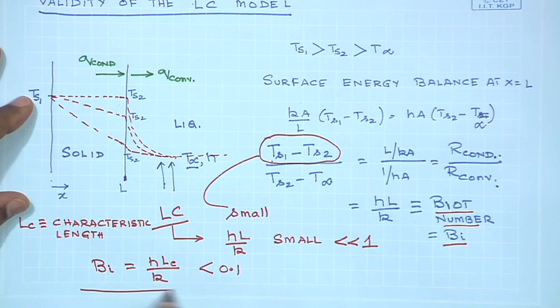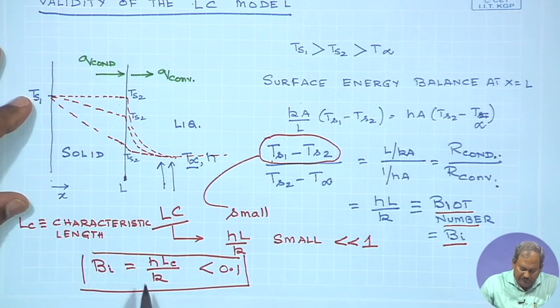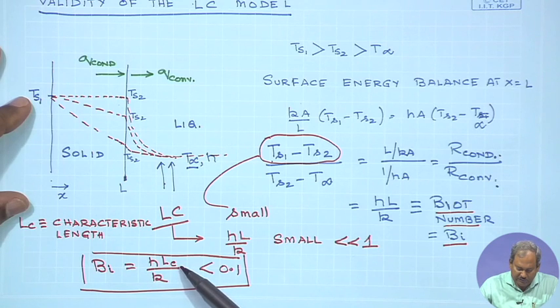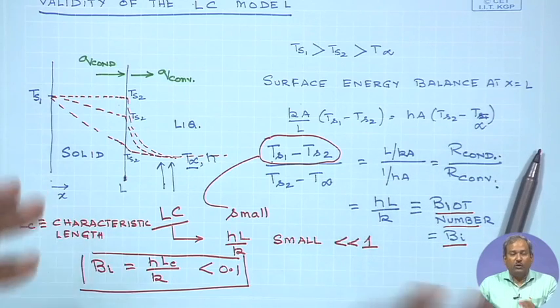Experimental values suggest that one can safely use the lumped capacitance model if the Biot number, based on the combination of convective heat transfer coefficient, the characteristic length of the system, and k, the thermal conductivity of the solid, is less than 0.1.